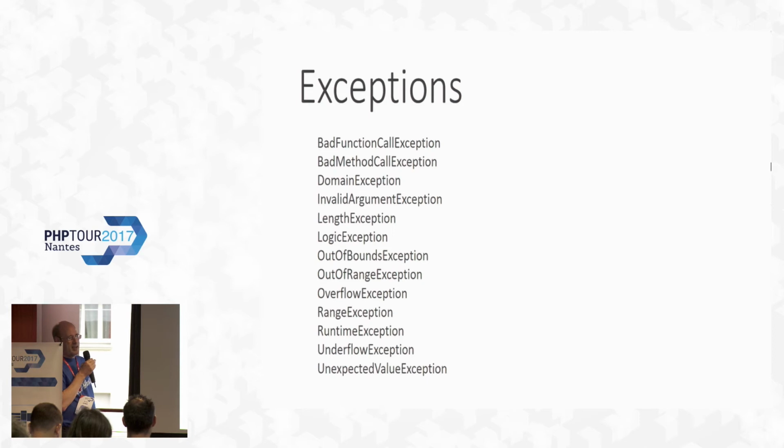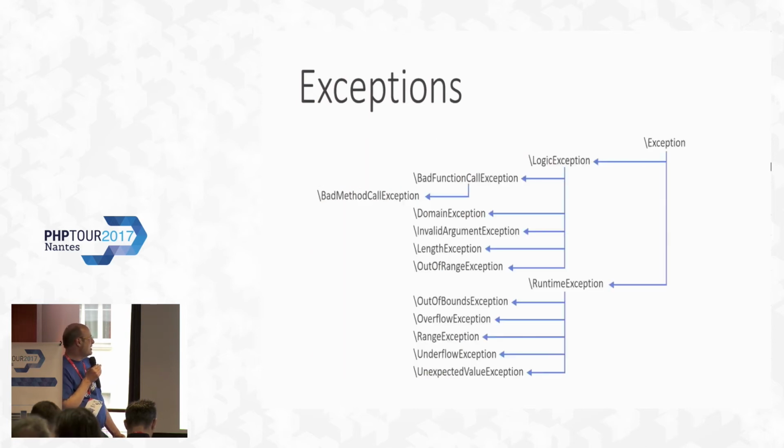SPL provides a whole host of exceptions. Some of them rather dubiously named, difficult to work out exactly what the difference is between an out-of-bounds exception and an out-of-range exception. There's no clear guidance on when to use each one, but they do exist. They even have a little extension hierarchy.